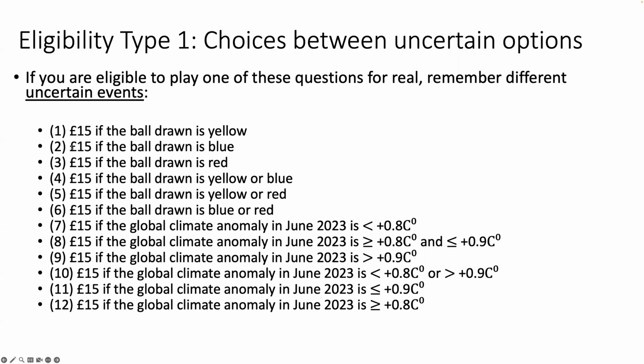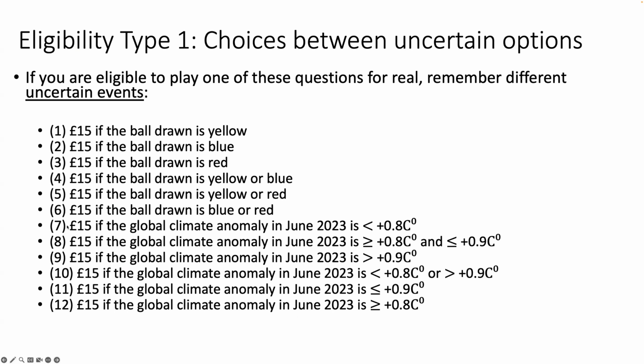As an example, if you look at the second entry here, if this is played for real, that means that you get 15 pounds if the color of the ball that's drawn from this box is actually blue, and you get 0 pounds if the color is not blue. That means if the color is yellow or red.